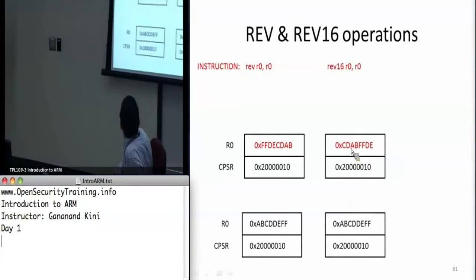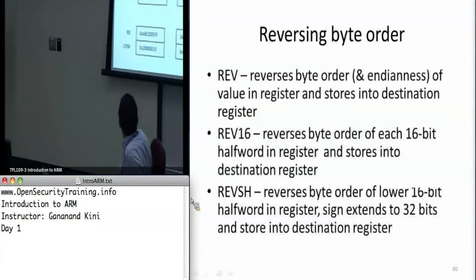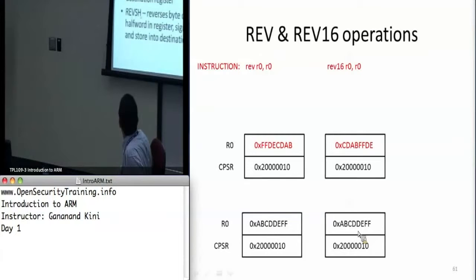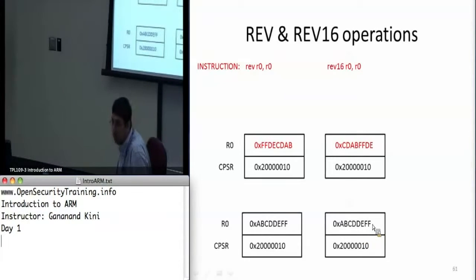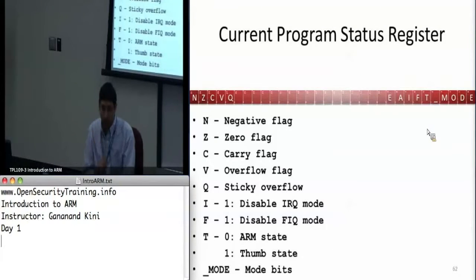Similarly, REV16 will just take AB and CD and reverse those, and then it'll take EF and FD and reverse those. So this is REV16. If you were to use REVSH, it just takes these and flips these two. Does that make sense?